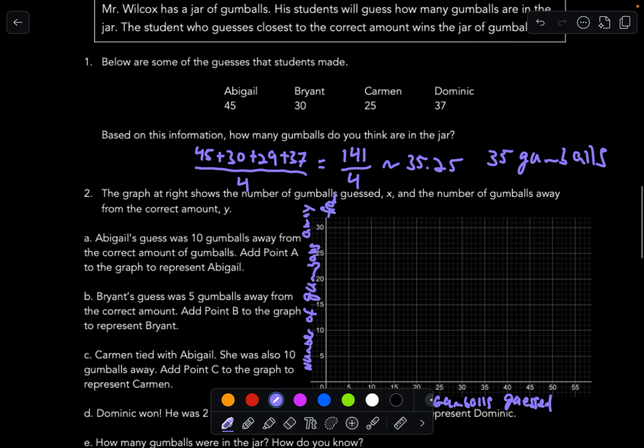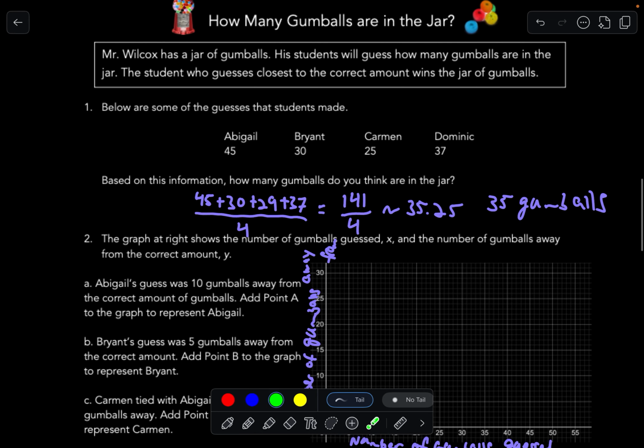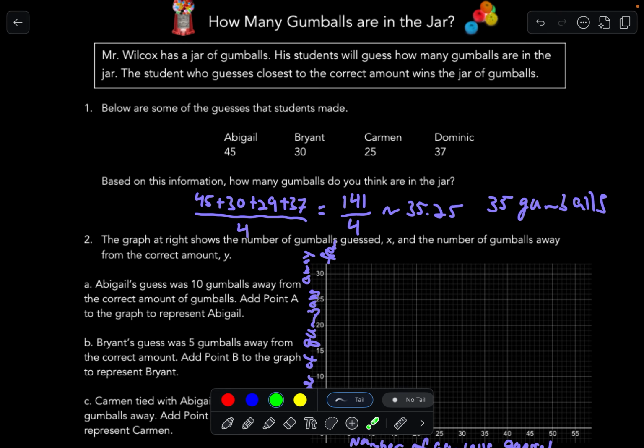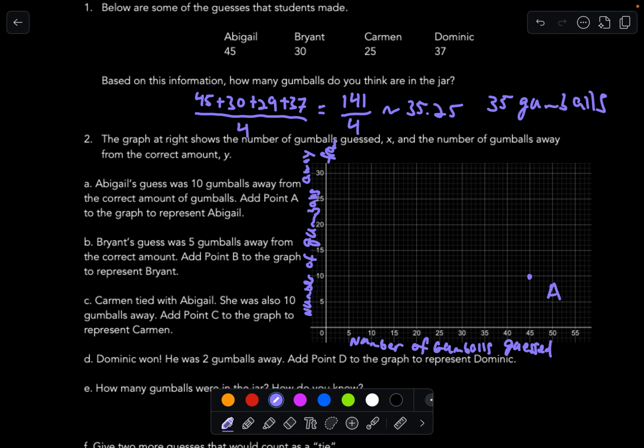Now remember, Abigail was at 45. So Abigail was over here, and they're telling you that she is 10 gumballs away. So what we can do is plot over here 45, 10. It'll be right there. That's Abigail's. I'll call that A. On this plot, Bryant's guess was 5 gumballs away from the correct amount.